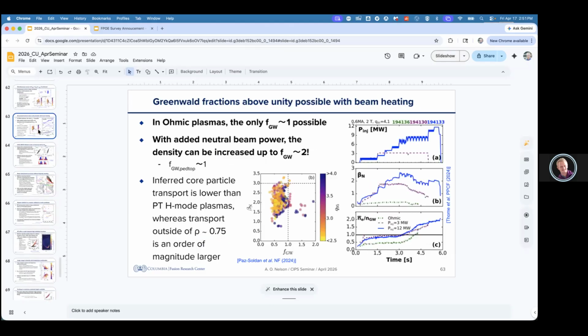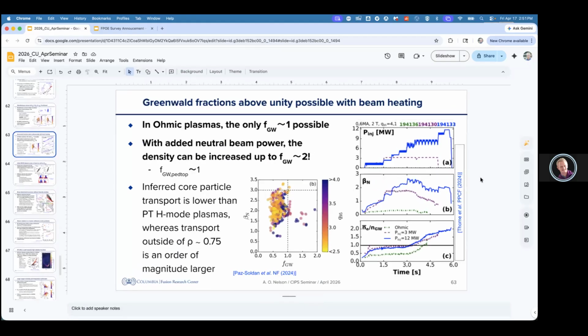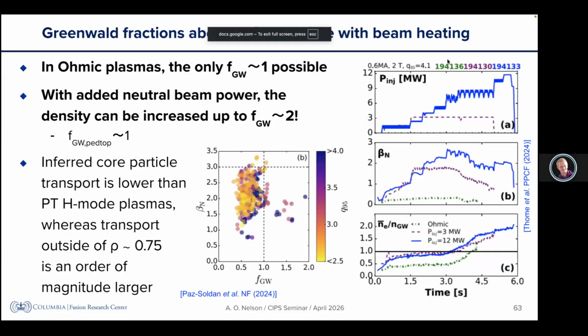One example of a cool physics thing related to this in NT is the density limit. One way you can trigger a disruption or a loss of confinement is having too much density. We have the Greenwald fraction, an empirical scaling which says that once your density is above it, that's too much, and the plasma goes through a radiative collapse or a disruption.